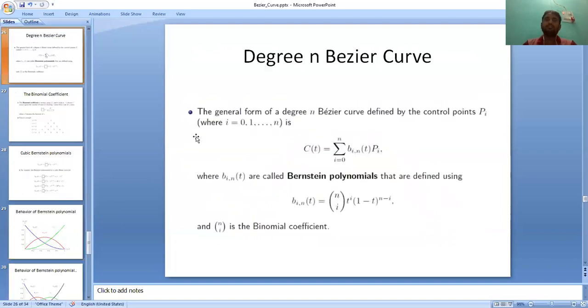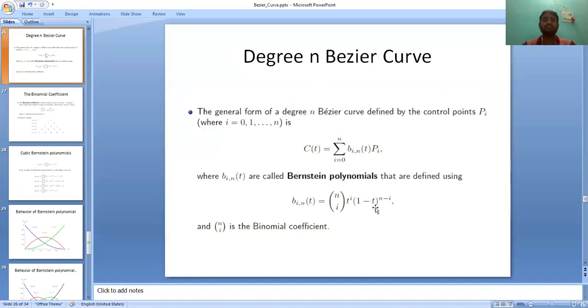A degree n Bezier curve has the equation C(t) equals the summation over i equals 0 to n of B(i,n)(t) Pi, where B(i,n) is the Bernstein polynomial. The Bernstein polynomial can be expressed as B(i,n)(t) equals n choose i, t to the power i, times (1 minus t) to the power n minus i.